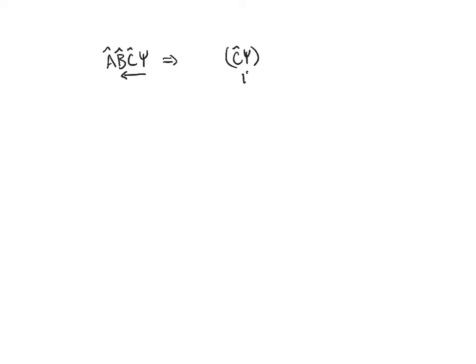We do this first, and then we take that result and operate B on that result. That's the second thing we do. And then the third thing we do is take that result and operate A on that result. So the order of operations always goes from right to left. And that's important when you're doing some operator math.